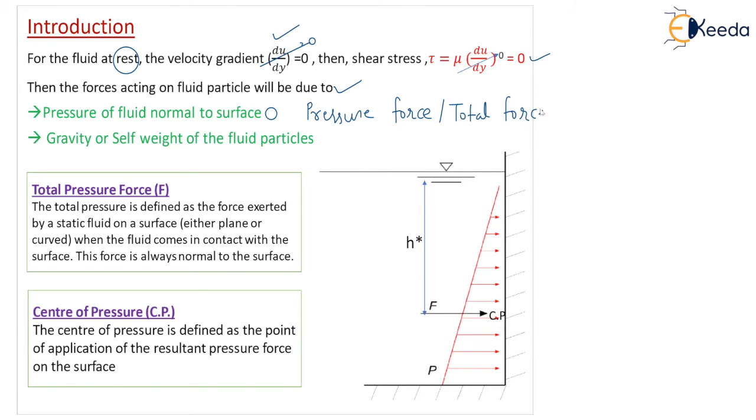The other force is gravity, or the self weight of the fluid particle. Gravity is also a force in the downward direction. So these two forces will be acting on the fluid when it is at rest condition.